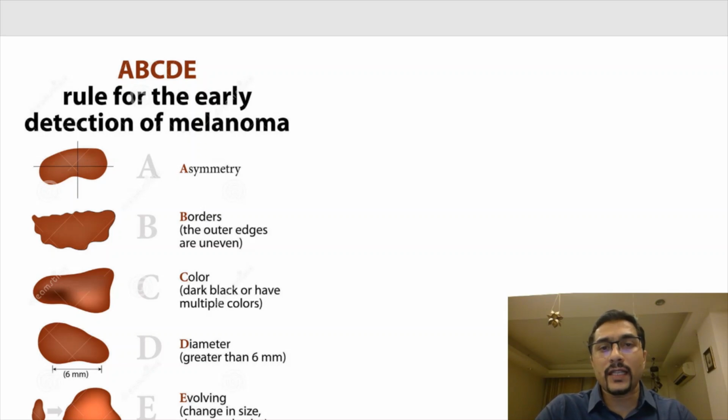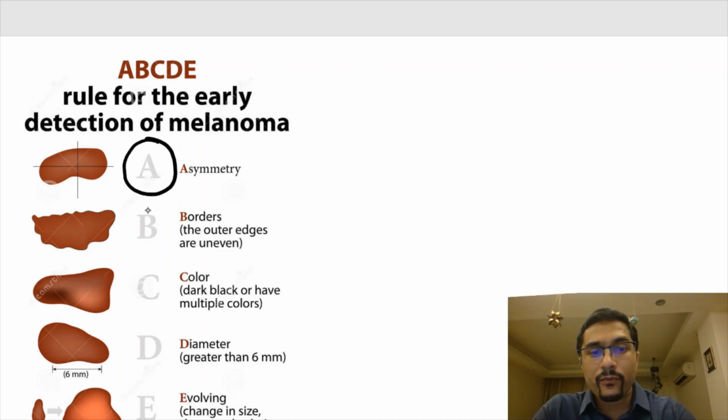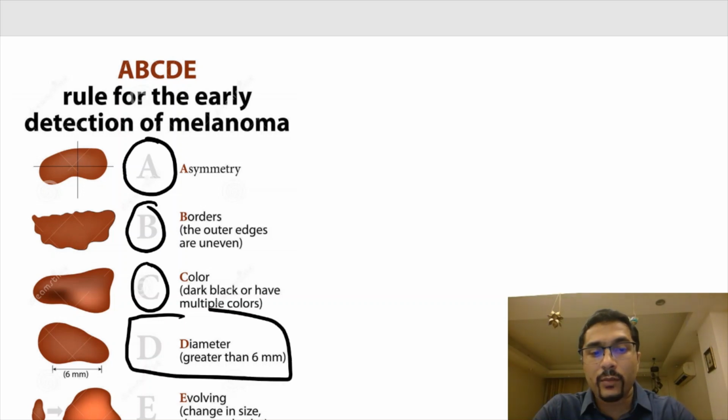Another point which has been asked: what are the changes which can be seen in a pre-existing mole, which will tell me that that mole is getting converted into a malignant lesion? So you can remember this as A, B, C, D, E. This has been asked. A is for asymmetry, B is for irregular borders, C is for change in color, D is an increase in diameter of the lesion if it becomes more than 6 millimeters.